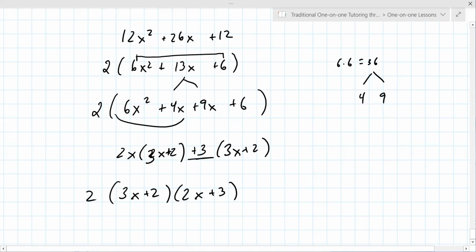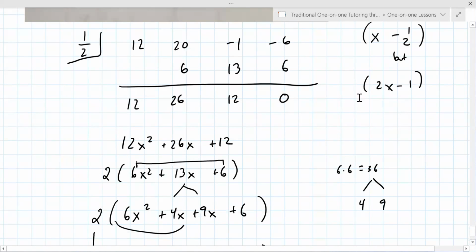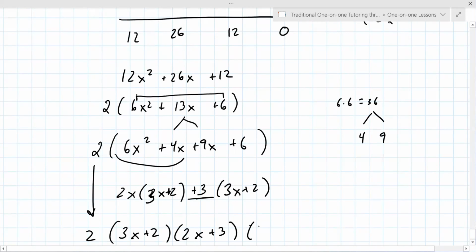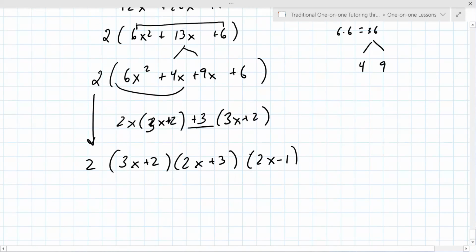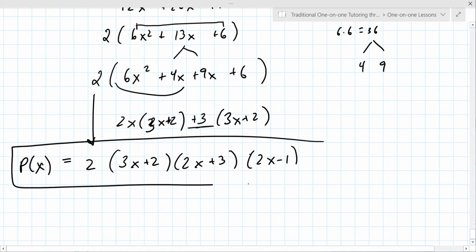Bring this 2 down. And then you got to bring down this 2x minus 1 that you did previously. So the thing that they want is this factored form, and that's what you have here as your final answer on that one.